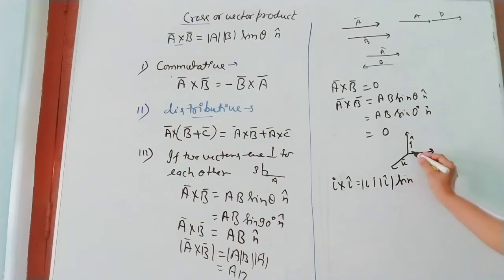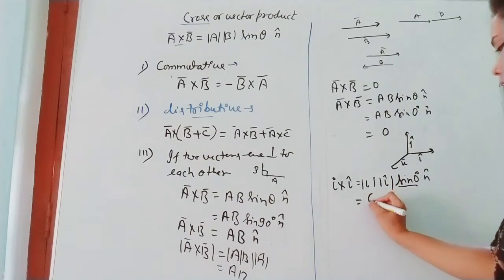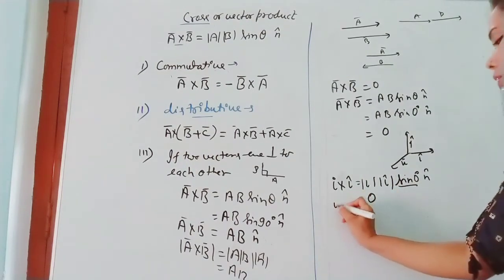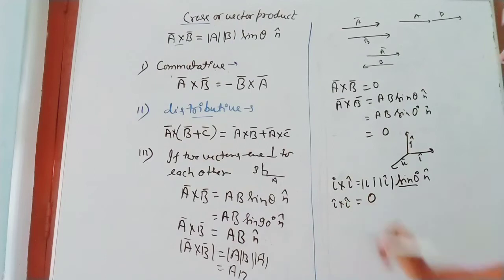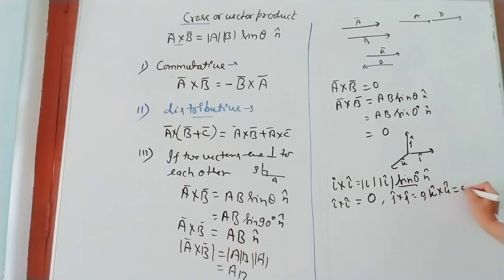Theta is 0 degree, and sin 0 means 0. So the total value is 0. So i cross i equals 0. Similarly, j cross j also equals 0. Similarly, k cross k also equals 0.